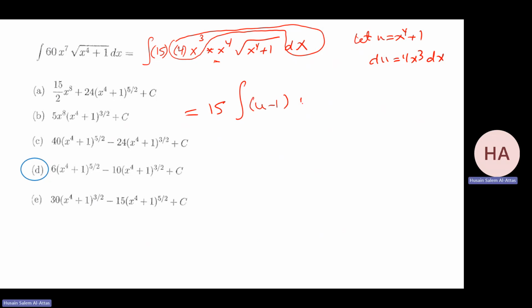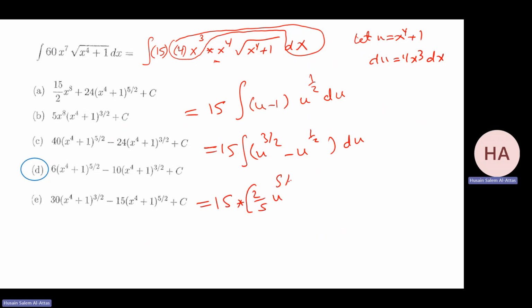Okay, u to the power half du. That will be 15 times u to the power 3 over 2 minus u to the power half du. Do the integration. That's 2 over 5 u to the power 5 over 2 minus 2 over 3 u to the power 3 over 2 plus c.